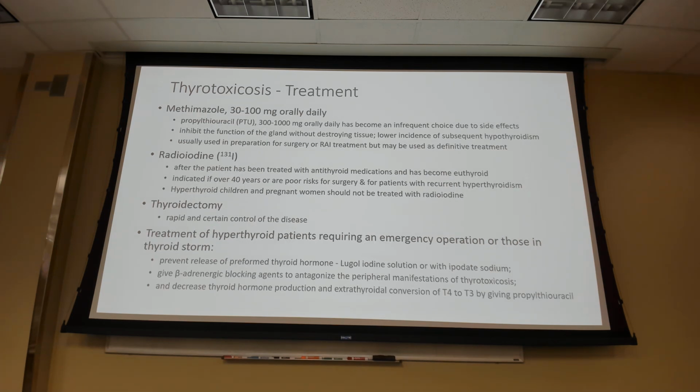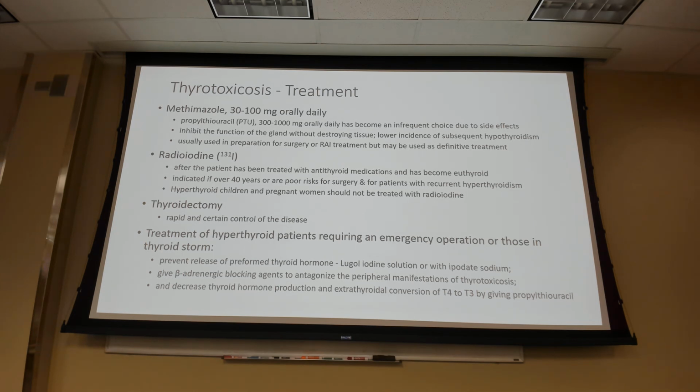All right, so what do we do for these patients? Typically they'll have to be on some sort of long-term therapy. If they present in thyroid storm, it's important that we treat them in a specific manner. Typically we start with Lugol's iodine solution, then we give a beta blocker just to prevent the peripheral manifestations, and then we need to decrease thyroid production.